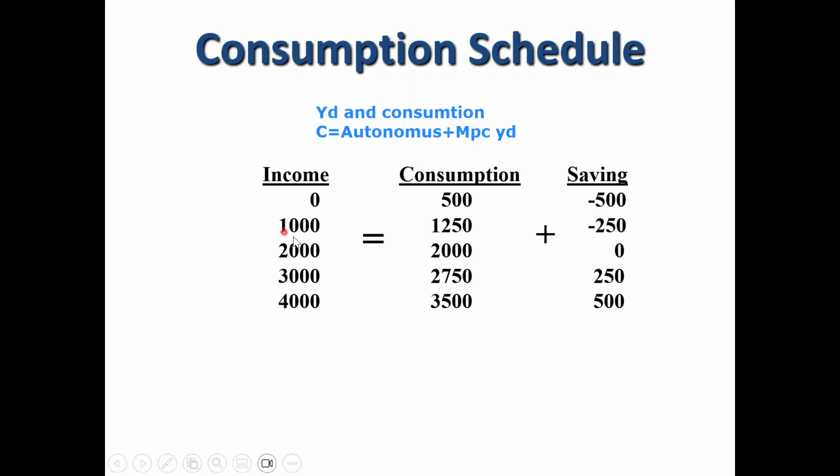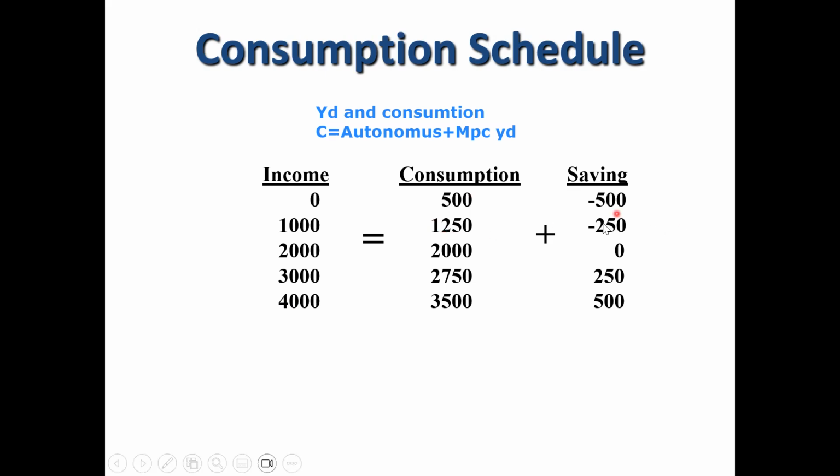Then when income increases to 1,000, we have an autonomous consumption of 500 and an increase in consumption of 750, giving 1,250.